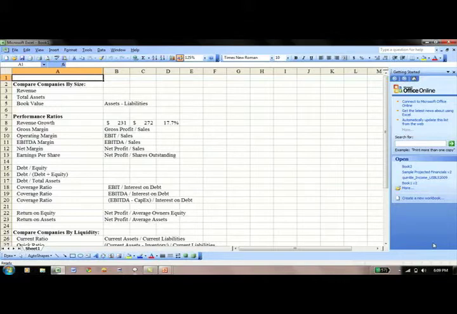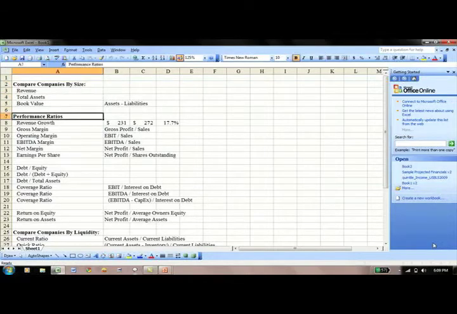Or if you're looking at a company for an acquisition or a valuation, you might want to compare how quickly your company is growing relative to its competitors, or relative to how quickly the industry is growing.